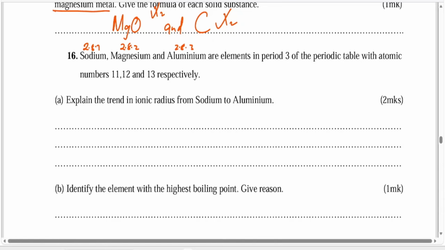So aluminium has a smaller atomic radius than magnesium and also than sodium. So explaining the trend in ionic radius, we still use the same, and we say the ionic radius decreases, and it is due to the increase in the number of protons, increasing the nuclear attraction. So we have been told to explain the trend in the ionic radius. So the ionic radius decreases. That is the first statement.